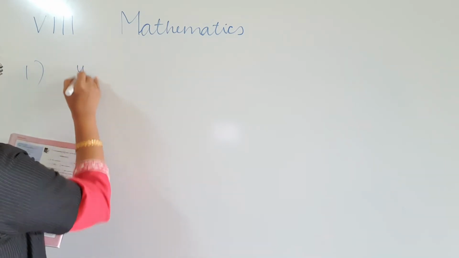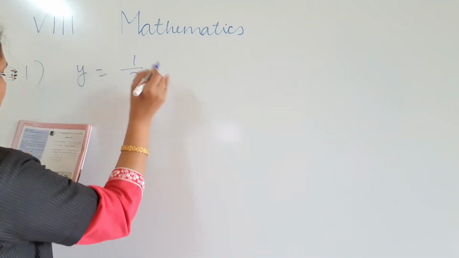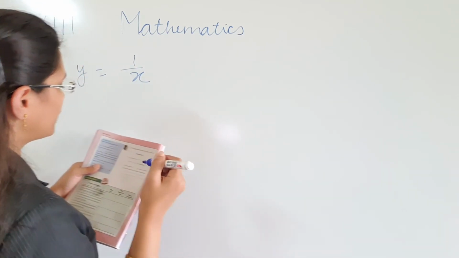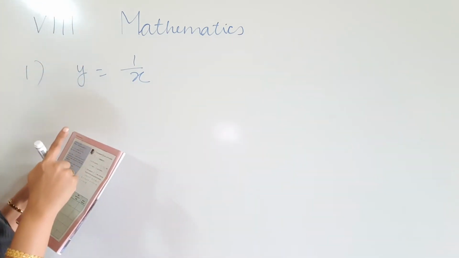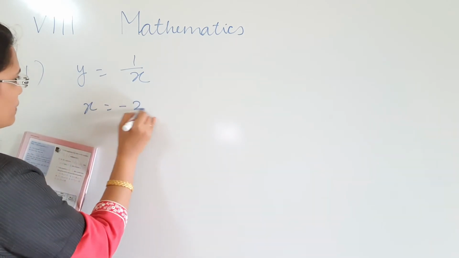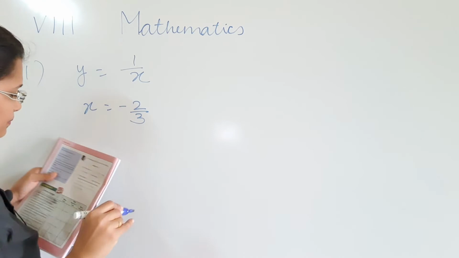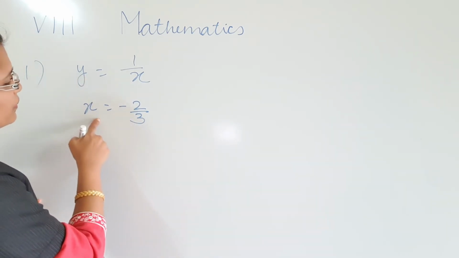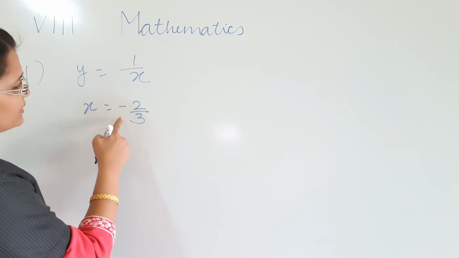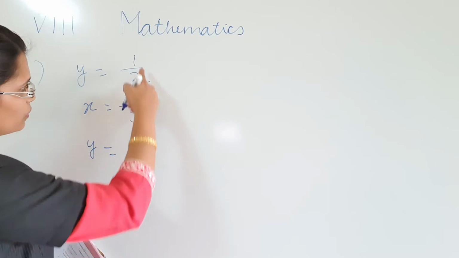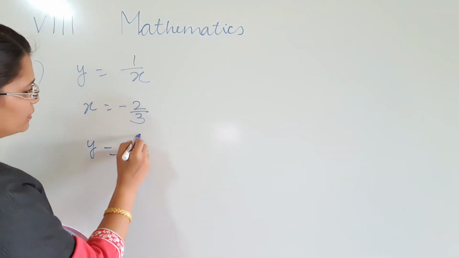Y is equal to 1 by x. Take x as the numbers minus 2 by 3. The first number is minus 2 by 3. X is equal to minus 2 by 3. We have to compute y. So, substitute the value of x equal to minus 2 by 3 here. Y is equal to, what is the equation? 1 by x.